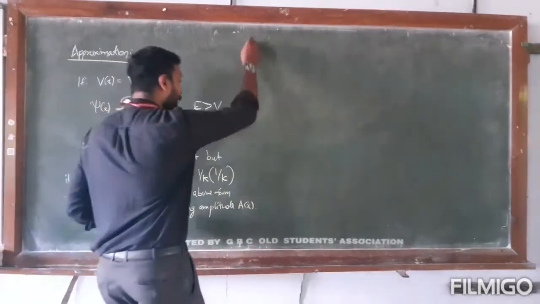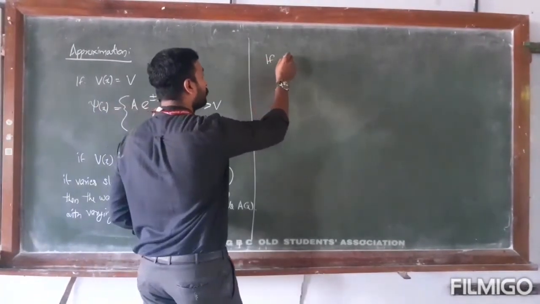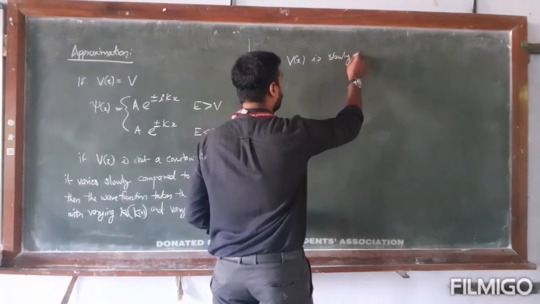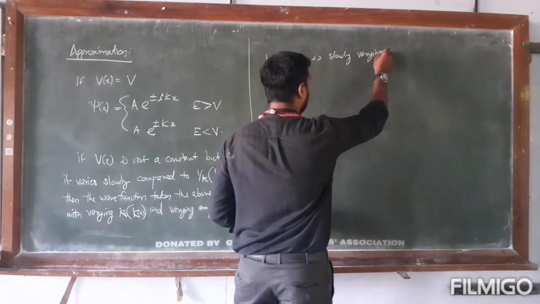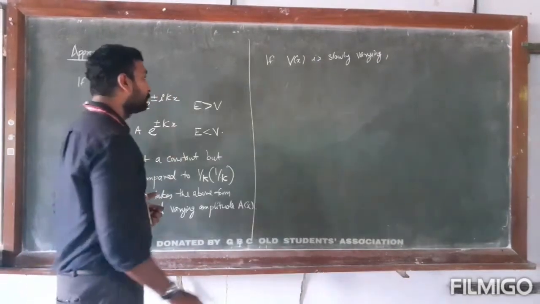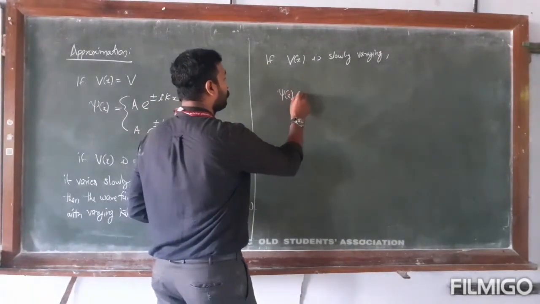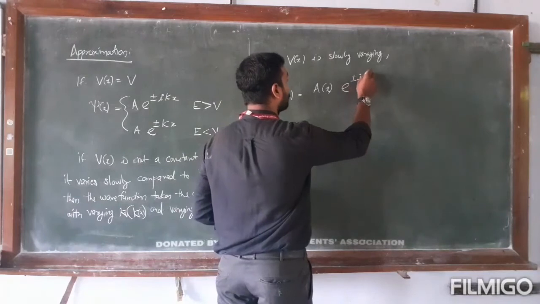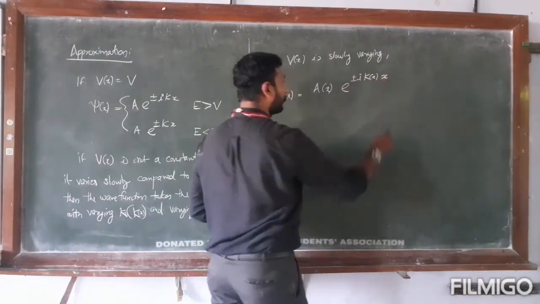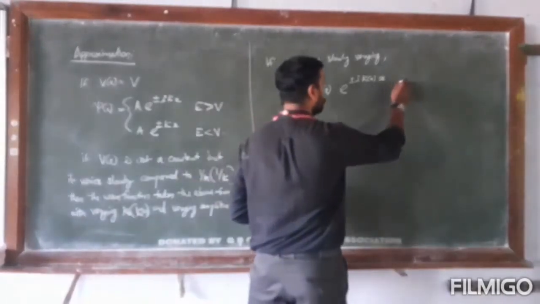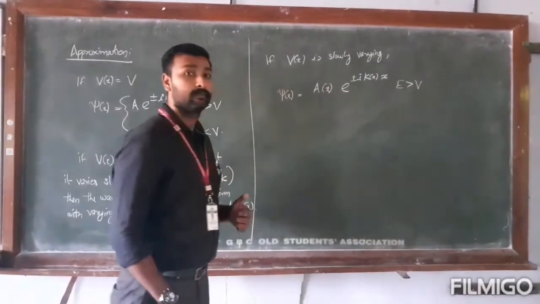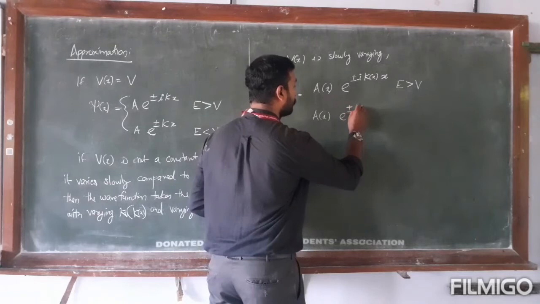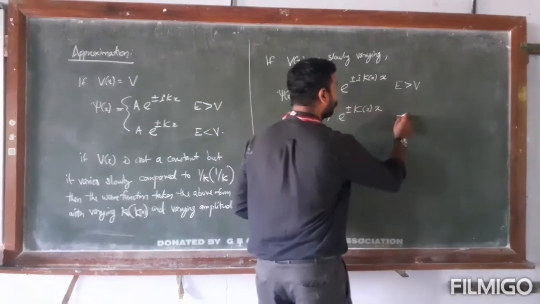So I will write here: if V of x is slowly varying compared to k, then the wave function will take the form A of x into e raised to plus or minus i k of x into x for energy greater than V, or it can be A of x e raised to plus or minus kappa of x into x for energy less than V.